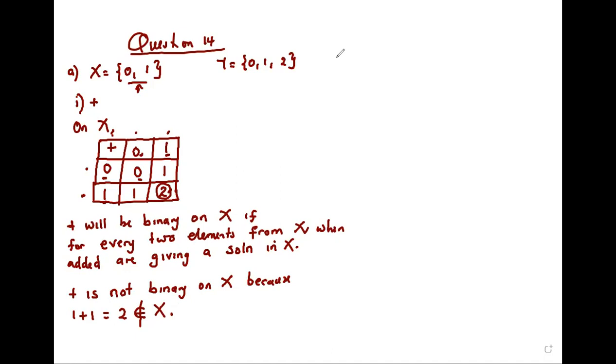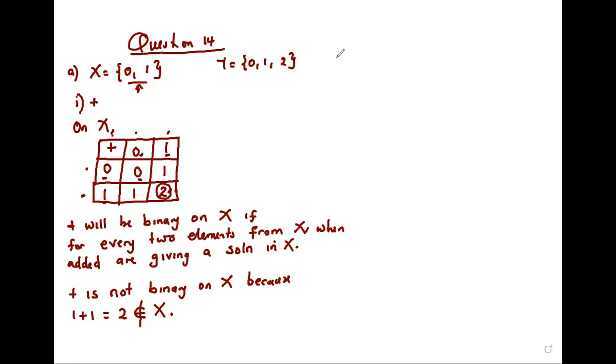So let's go again. Let's check if plus is binary on Y. Okay. Or maybe we can first finish on X. Is it commutative?